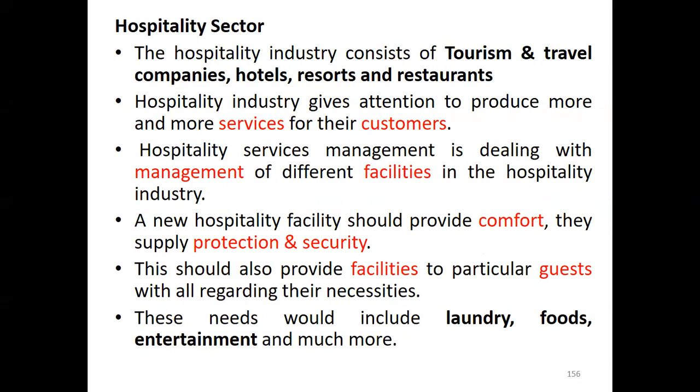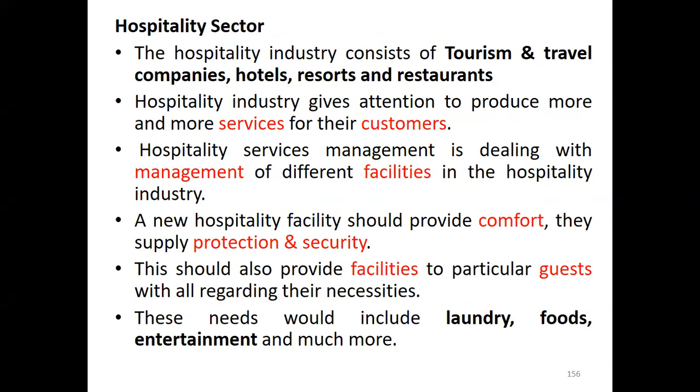Now, what does hospitality mean? Hospitality sector means the provision of services, not any kind of manufacturing of goods, but providing the associated services with that sector. All kinds of services come under the hospitality sector.